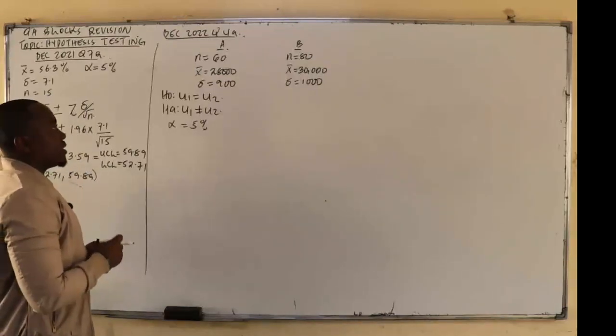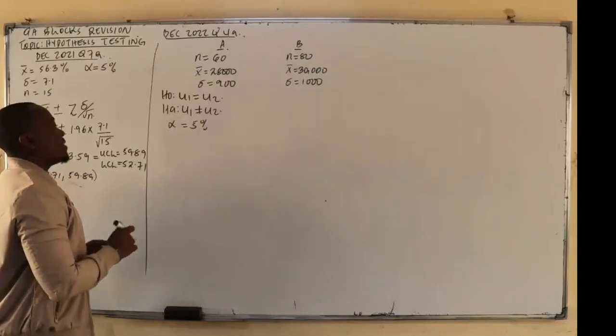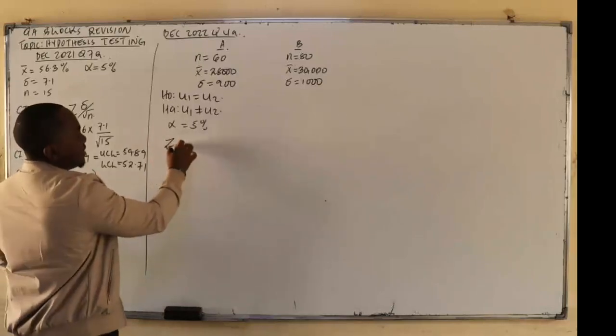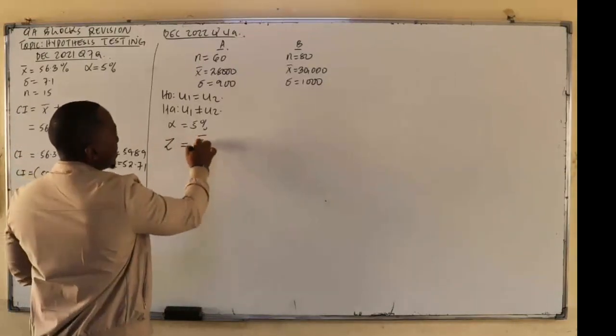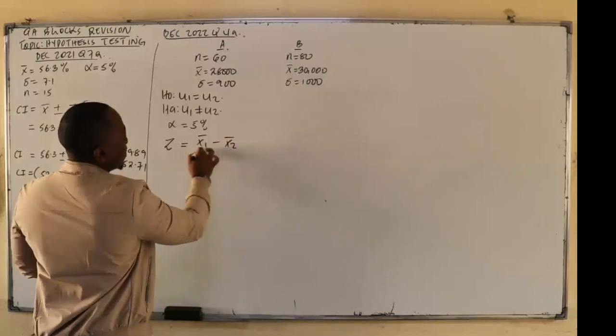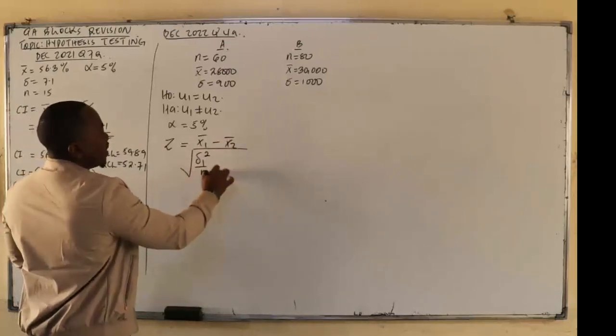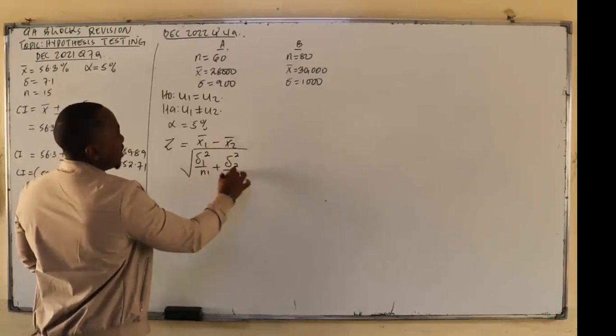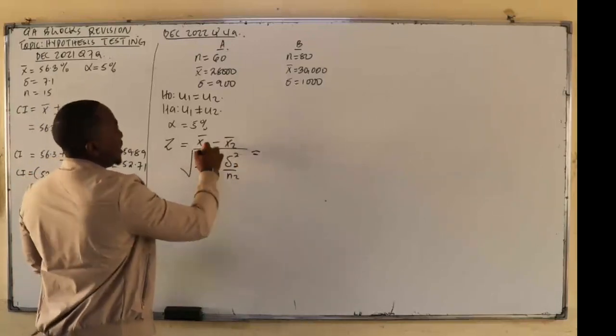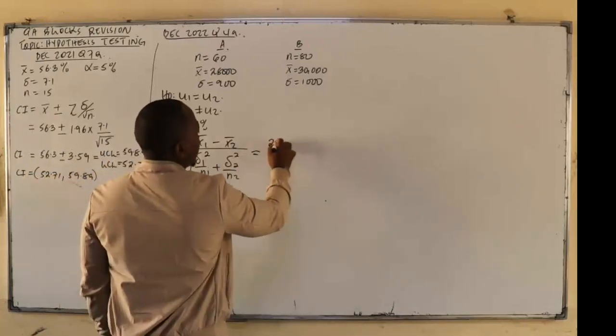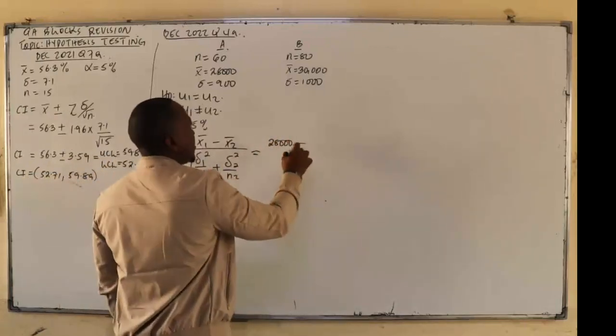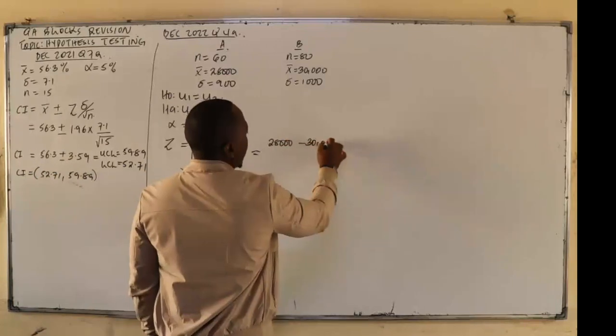Now, since our sample size is greater than 30, we use a Z test. So we get Z calculated. For 2 samples, it's X bar 1 minus X bar 2 over square root of standard deviation of 1 squared over N of 1, plus standard deviation of 2 squared over N of 2. So it will be X bar 1, which is 28,000, minus X bar 2, which is 30,000.